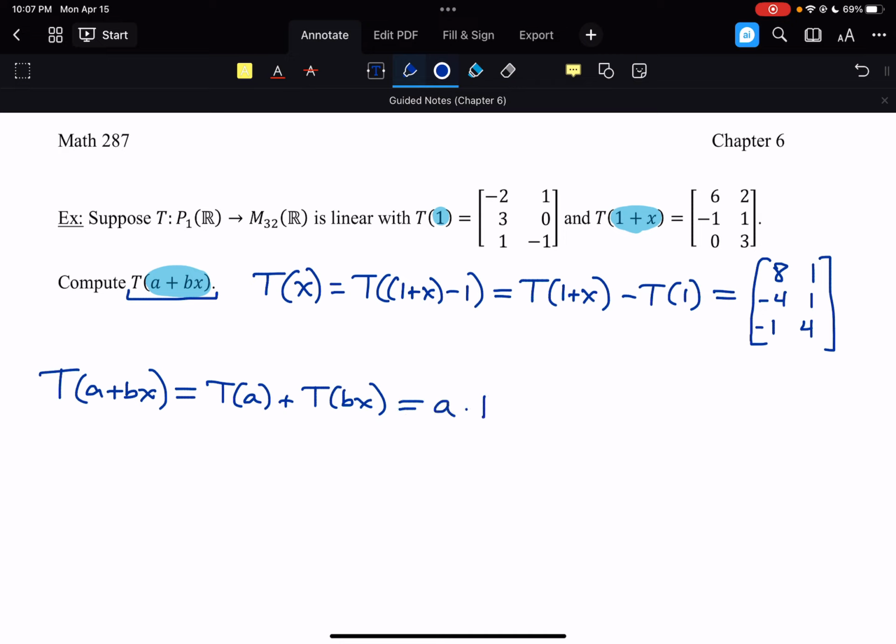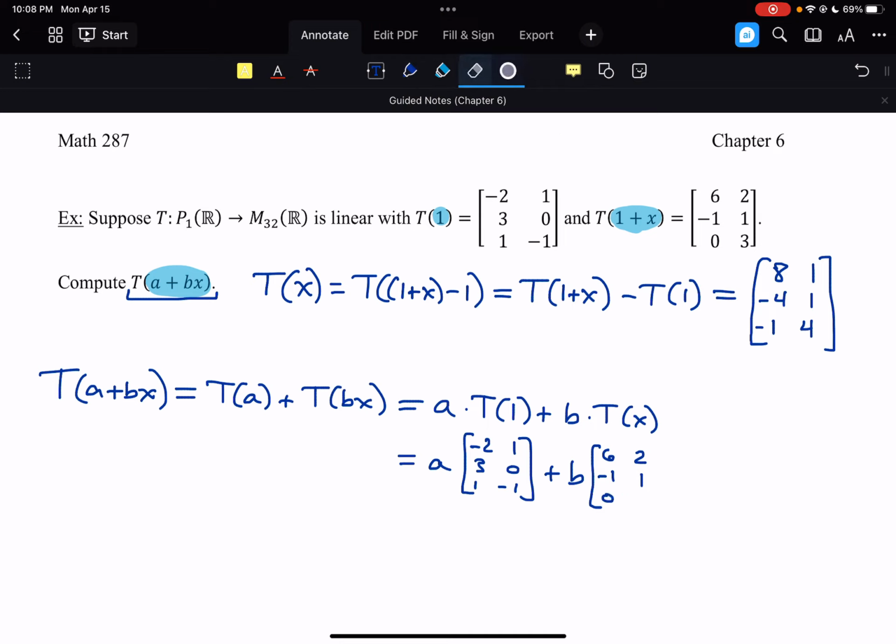So that's A times T of 1 plus B times T of X. So that's A times negative 2, 1, 3, 0, 1, negative 1 plus B times... oh no, sorry, it's the one that we found: 8, 1, negative 4, 1, negative 1, 4.